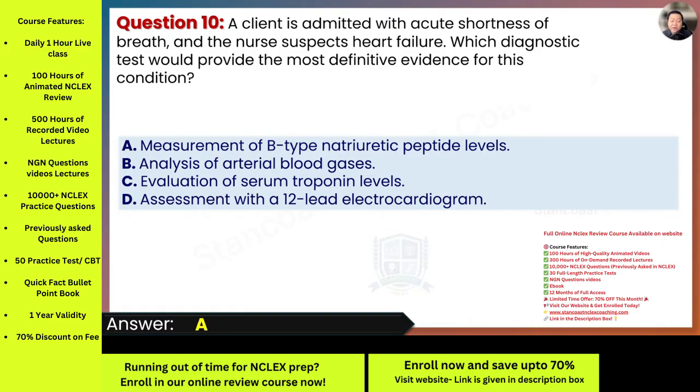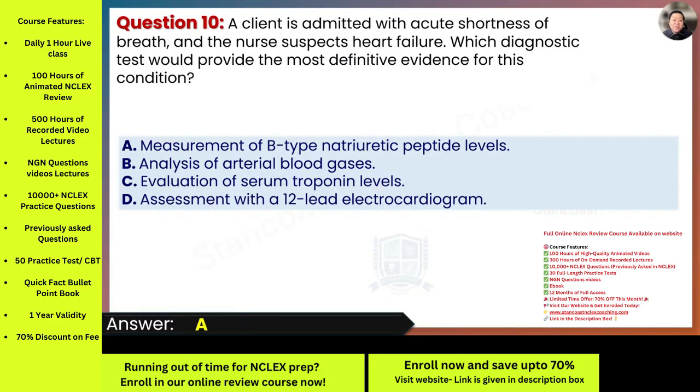And the correct answer here is letter A, because the measurement of B-type natriuretic peptide is a good indicator because it's a biomarker that is going to be released when the heart's ventricles experience increased pressure, such as congestion, or there is way too much fluid circulating in the bloodstream, which is a hallmark of heart failure.